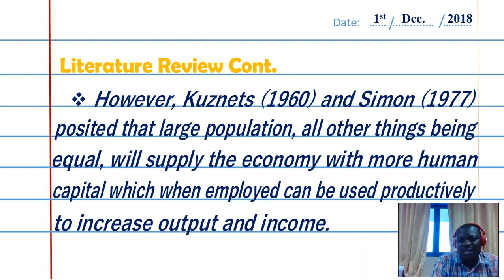Kuznets in 1960 and Simon in 1977 also posited that a large population, all other things being equal, will supply the economy with more human capital, which when employed and deployed effectively can be used productively to increase output and income. So there is a sharp difference in the way these two researchers look at population growth.